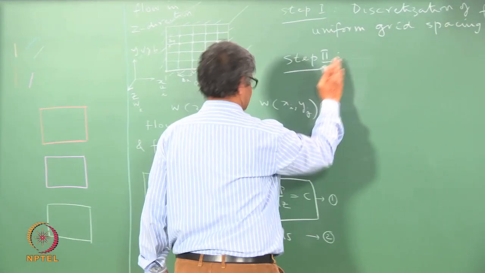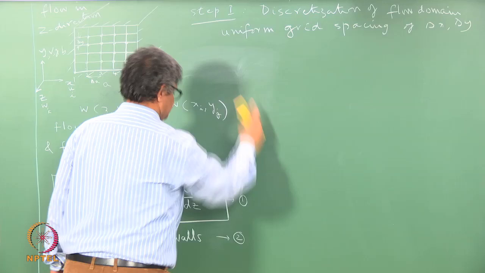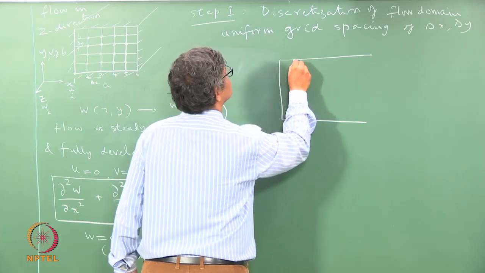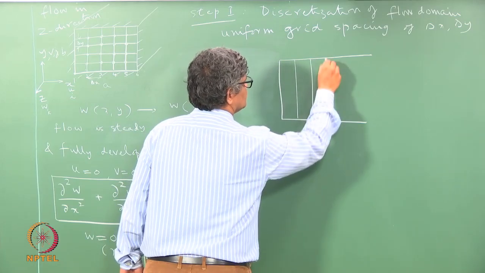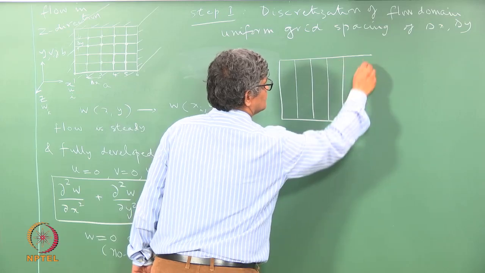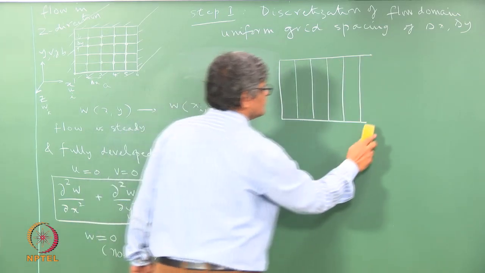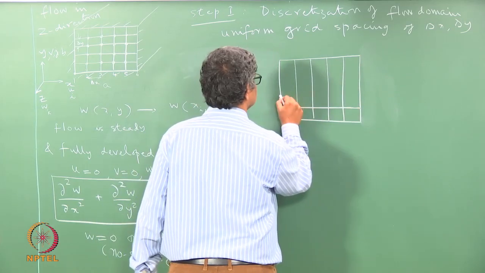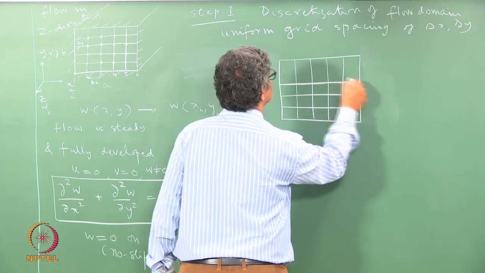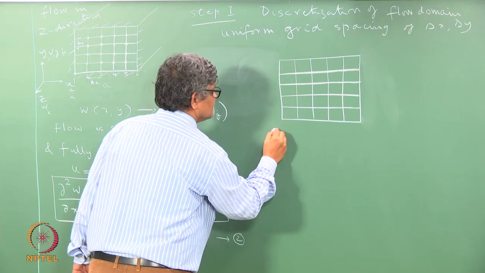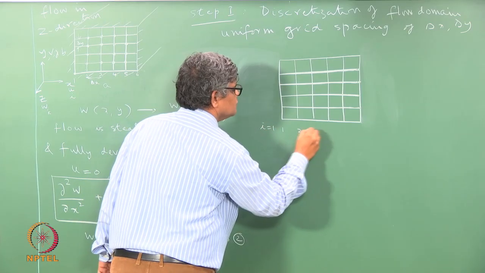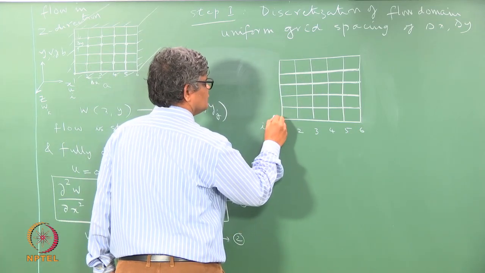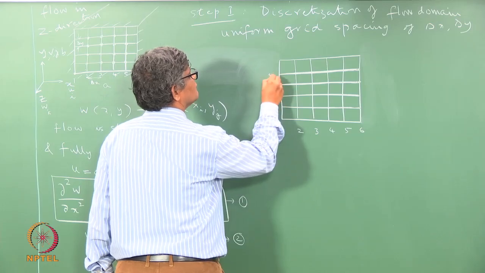So, let's just draw this thing. So, we have i equal to 1, 2, 3, 4, 5, 6, and similarly j equal to 1, 2, 3, 4, 5, 6.